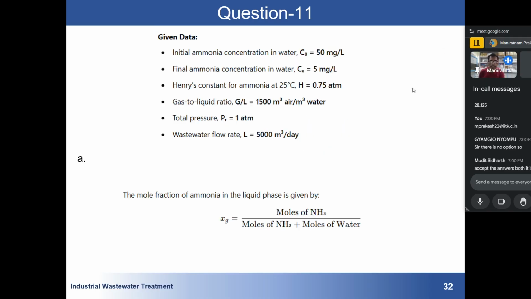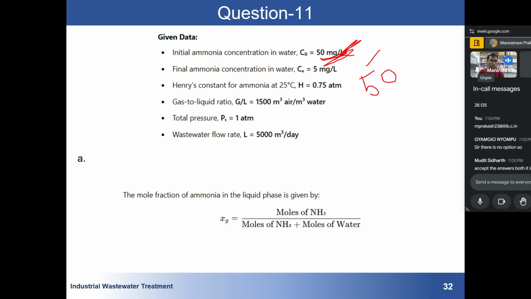So, given the concentration that is 50, can anyone tell how you can find the mole of ammonia? You know the concentration is 50 milligram per liter. Then 50 divided by the molecular weight of ammonia.